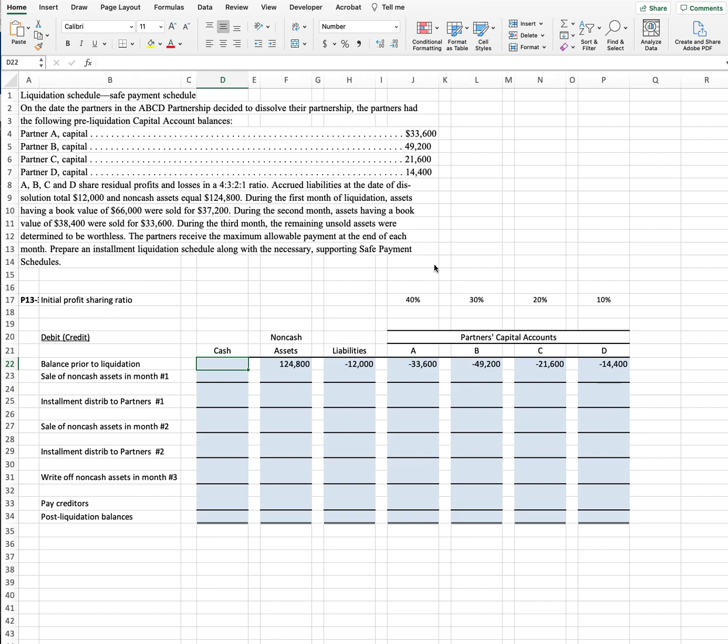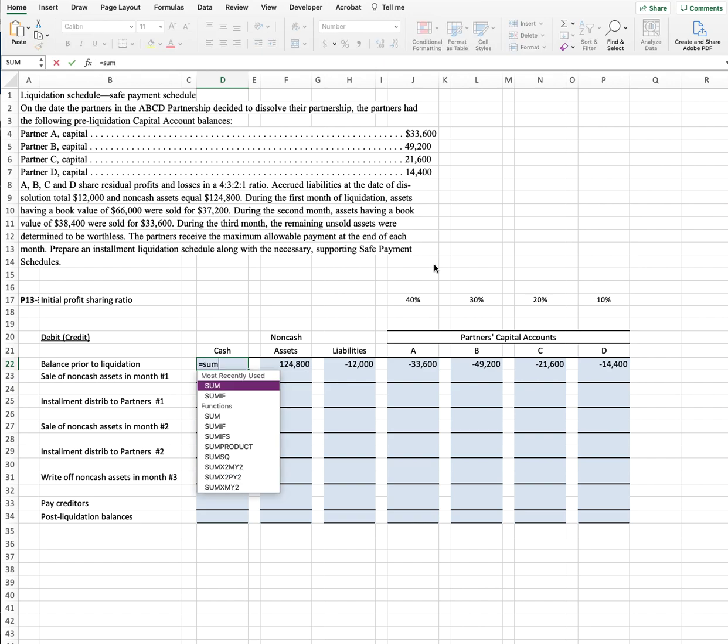Okay, so now we have all of that listed, and we can go ahead and solve for the portion of assets that are cash. And so we'll just do a sum across. So it'll equal sum.